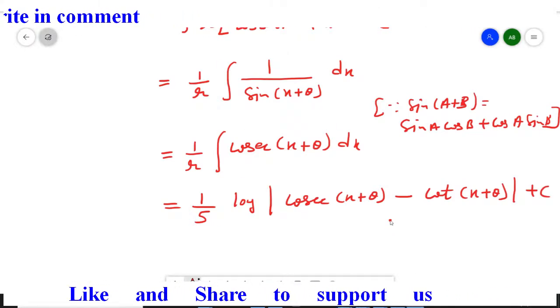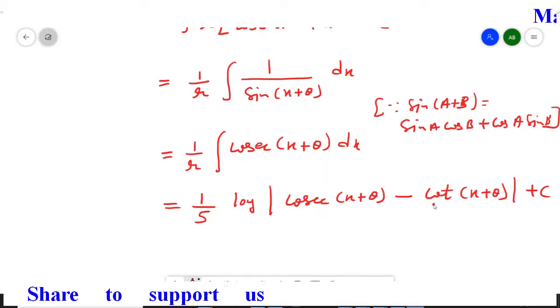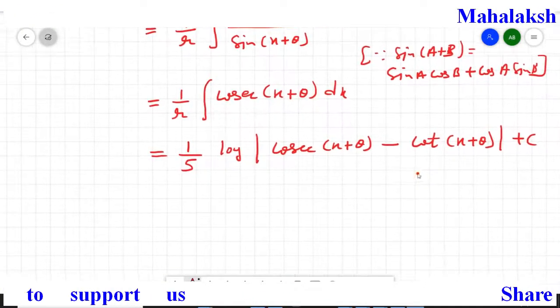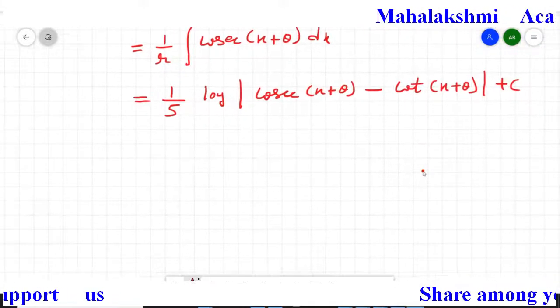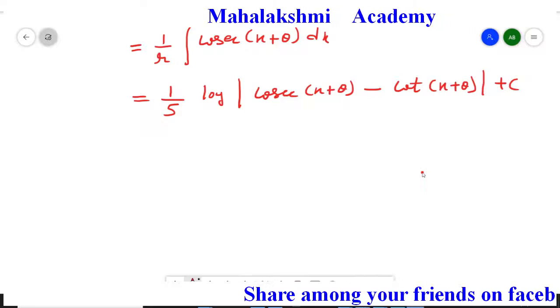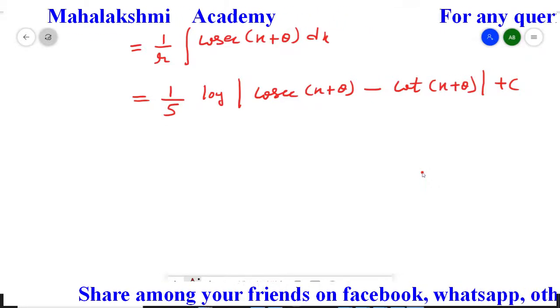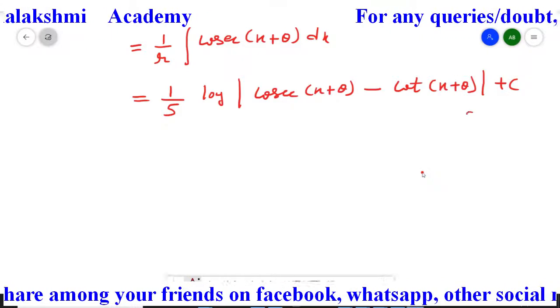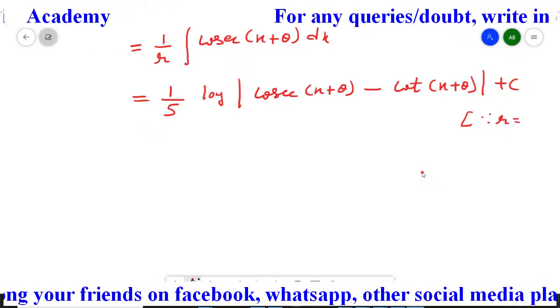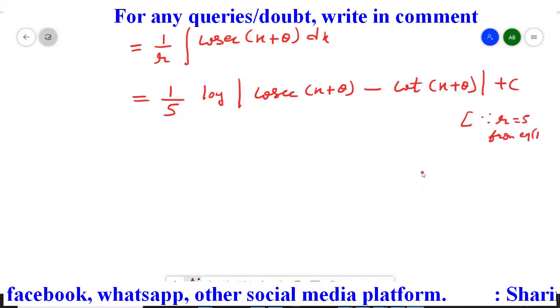So students, it's a direct formula. The cosec x formula is log cosec x minus cot x. From that I wrote here. Now, to get the book's answer, we have to change them into sin and cos. Since r I replaced, I am writing here, since r is equal to 5 from equation 1.